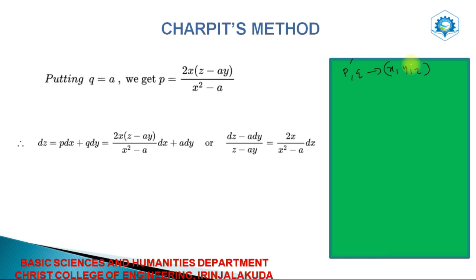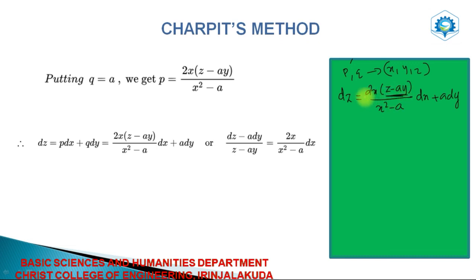Now again the question is how to integrate this one. We have right now dz equal to 2x into z minus ay divided by x square minus a dx plus a dy. Now the second term is actually our problem. Here we have x, z and y in the second term, and this term is actually involving both z and y.